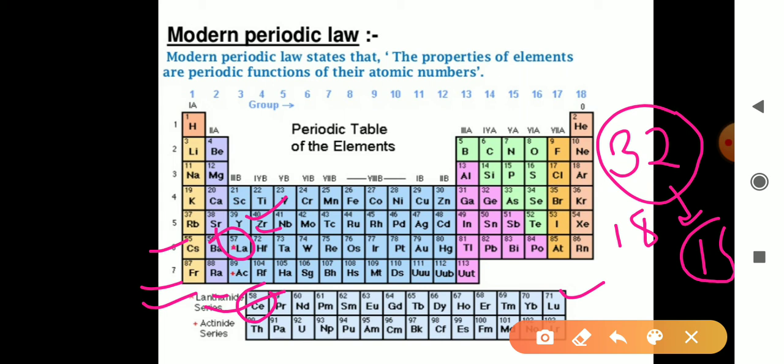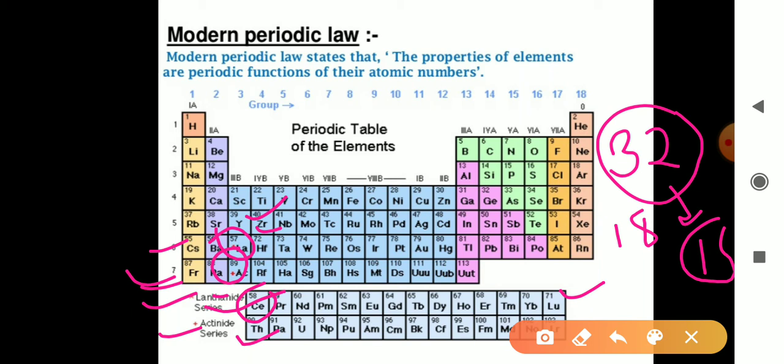A similar case is here in the 7th period also. In the 7th period the atomic number is 89, so from 90 to 102, 103, these 14 elements are placed here at the bottom, and these elements are called the actinide series.